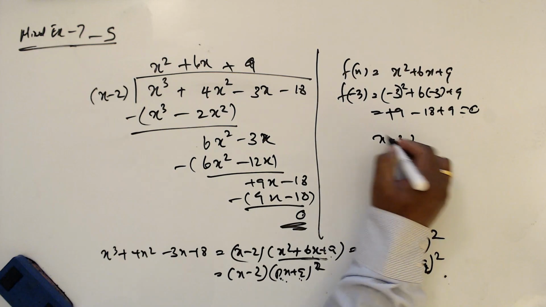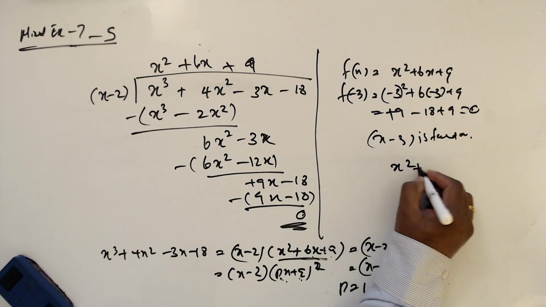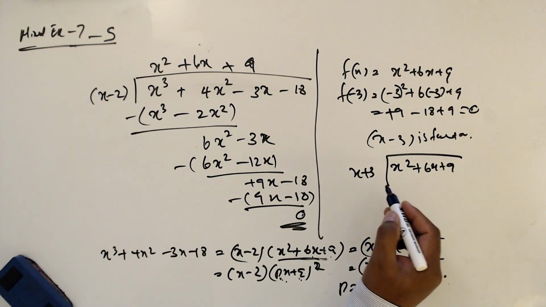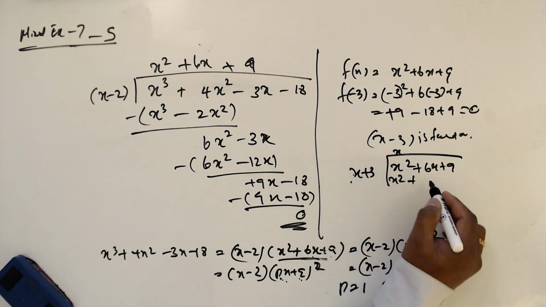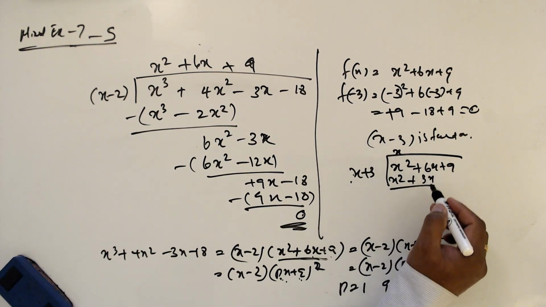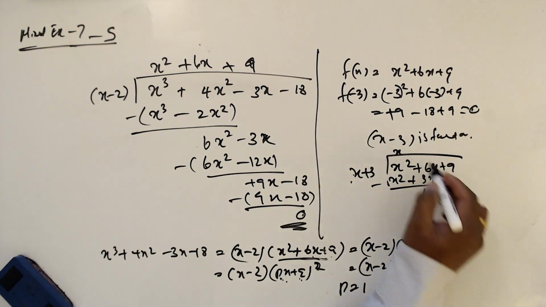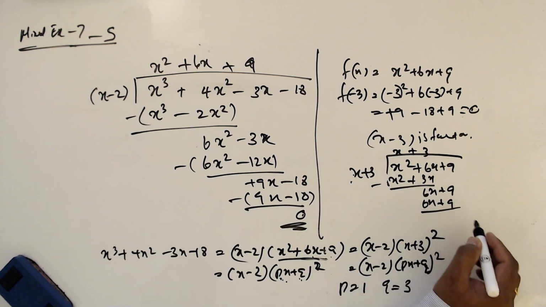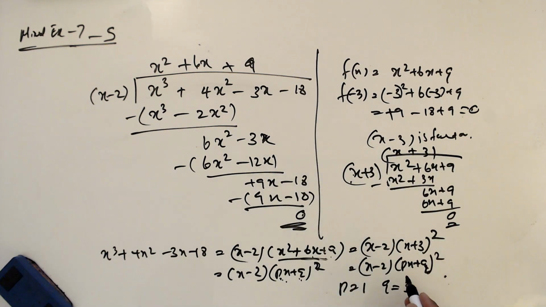Then x plus 3 is a factor. Then you can divide x square plus 6x plus 9 by x plus 3. This is going to be x times x plus 3, x square plus 3x. Then when you minus those two, this is going to be 6x plus 9. Then this is going to be plus 3. So 3 times x plus 3, 6x plus 9. So this is going to be 0. Hence x plus 3 and x plus 3. Right? X plus 3 square you can find.